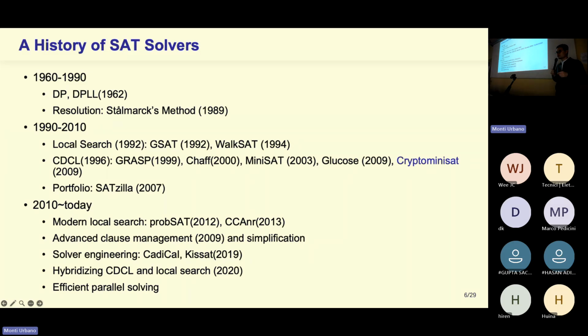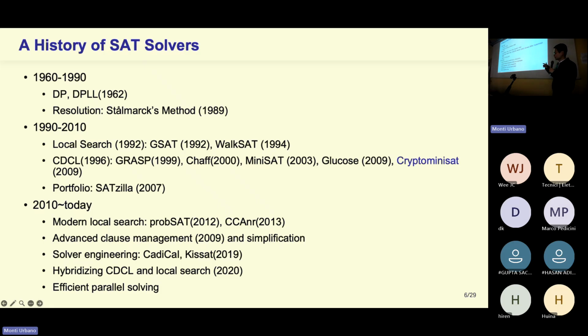So we need to remove some learned clauses. And that was the idea in 2009 in Glucose. And there have not been many more interesting ideas in the sequential CDCL solver since then. So people turned their attention to engineering practice, and two typical solvers are Kissat and CaDiCaL.